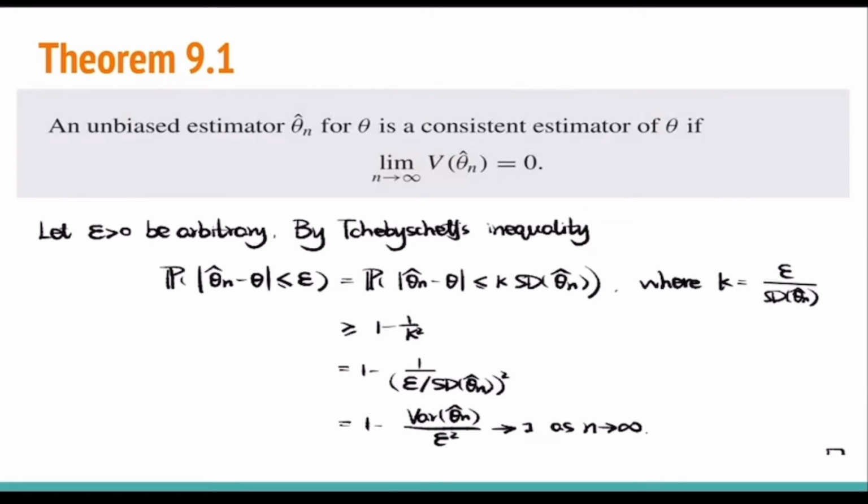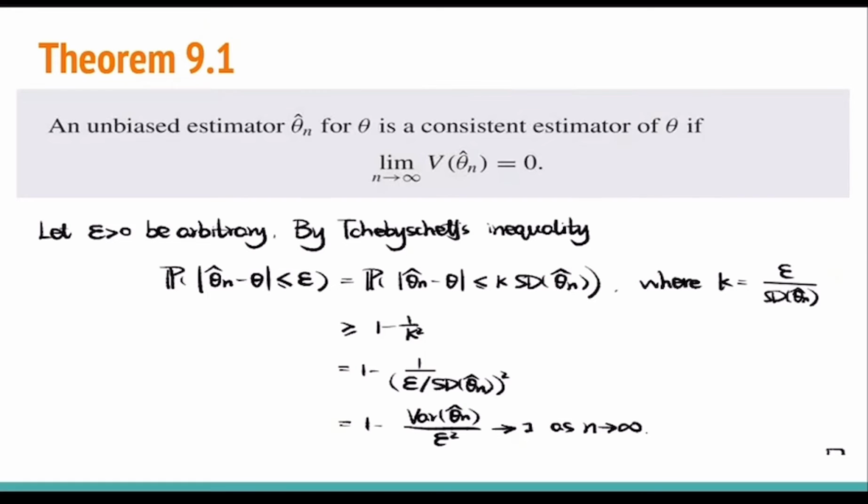If the estimator is a biased one, the variance is replaced by the mean square error. So whether we are dealing with an unbiased or biased estimator, we look at the limit of the variance or the mean square error, depending on which estimator we are considering.